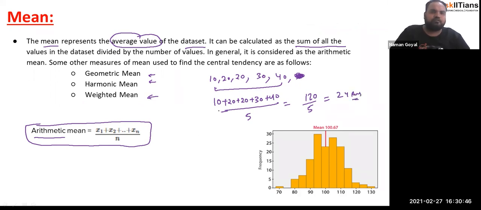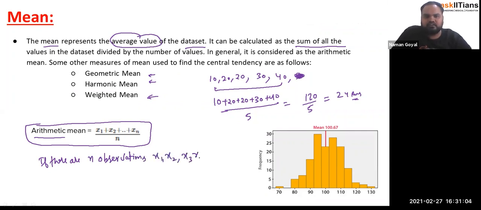So if there are n observations, like x1, x2, x3, x4, and so on up to xn, the value of the mean can be represented by x bar.